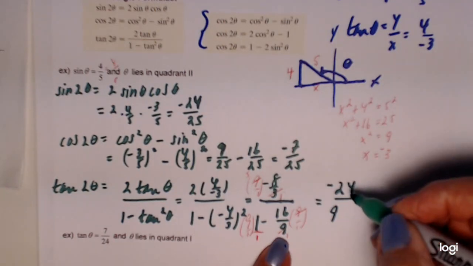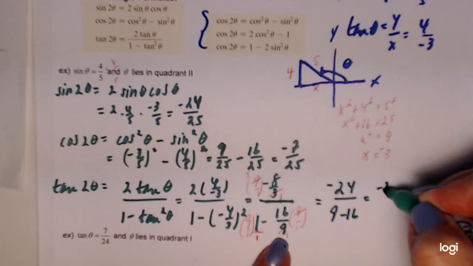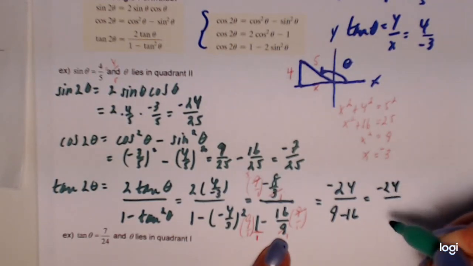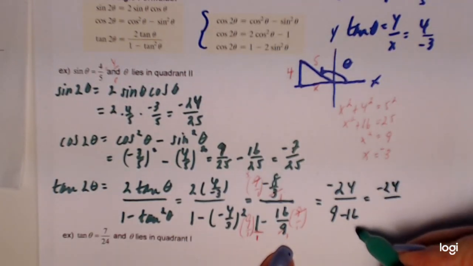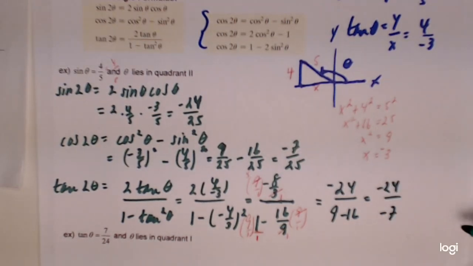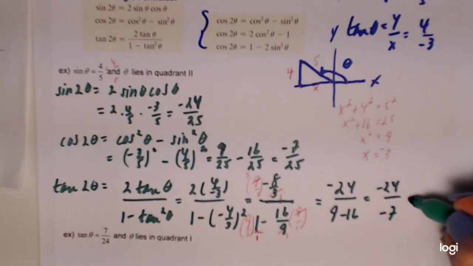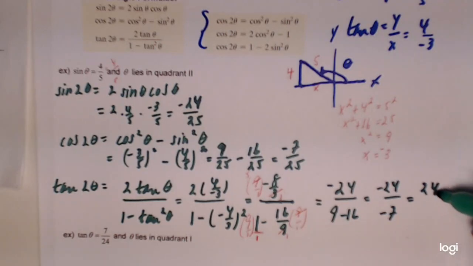And then we have 16. So we have 9 minus 16. Continuing this, we have negative 24, 9 minus 16. This is going to give us a negative 7. And so we have negative 24 over negative 7, negative divided by negative, this would be a positive 24 over 7.